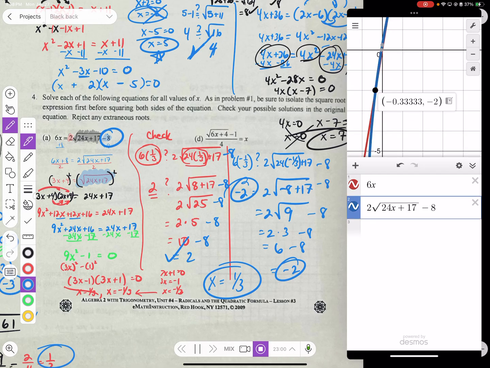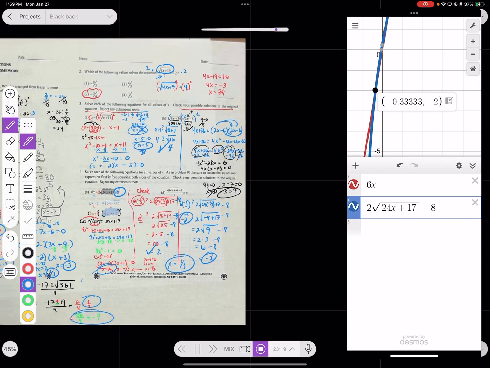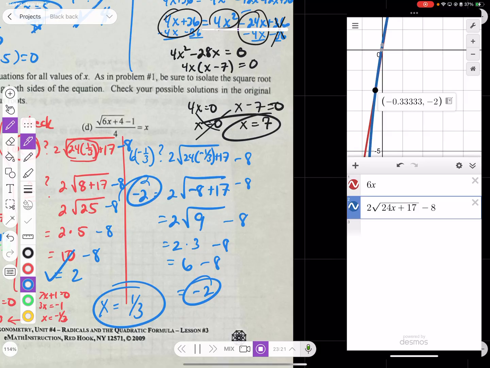Oh, look at that. When x is negative 1/3, they both give you a negative 2 output. So both of those work. The 1/3 checked and the negative 1/3 checks. So undo that. Okay. Last one I'll leave for you to do.